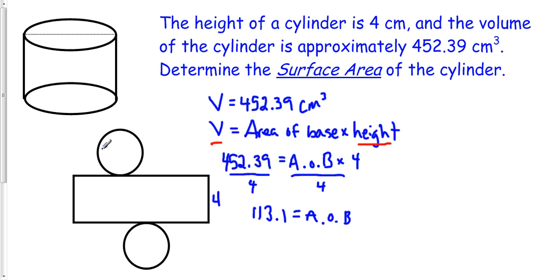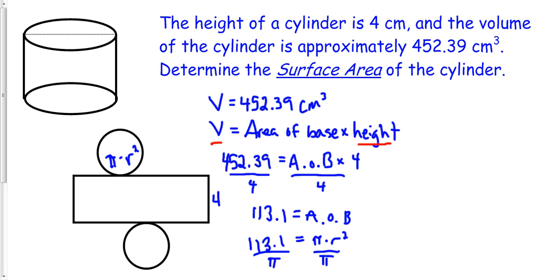Okay, so I want to look at this base. This is just a circle. To find the area of the circle, we would do pi times the radius squared. So for the area of the base, it's pi r squared, and that's 113.1. I'm getting closer. I can figure out the radius now if I divide by pi.